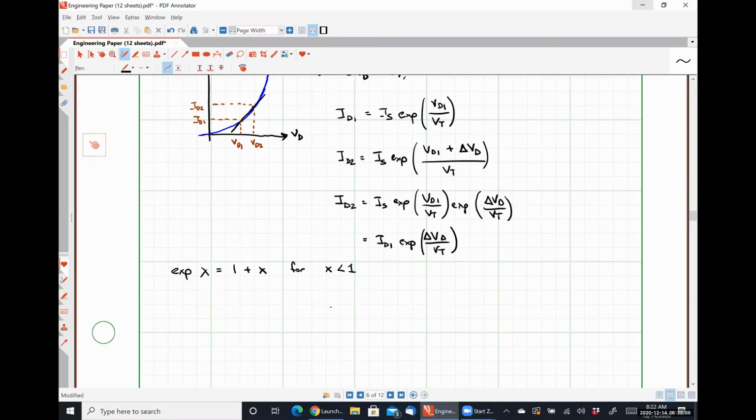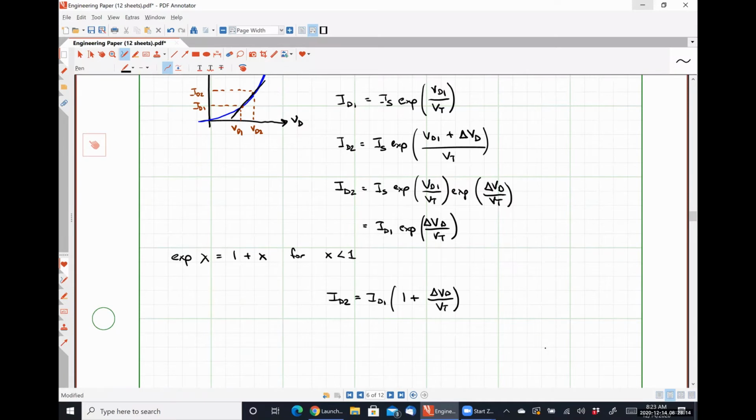From this, we get ID2 is equal to ID1 times 1 plus delta VD over VT. Which gives us ID1 plus ID1 delta VD over VT.